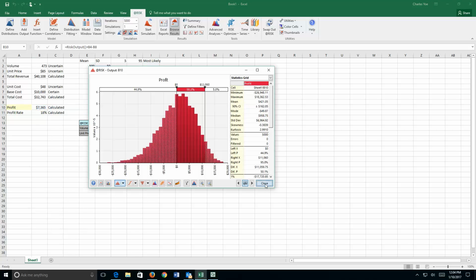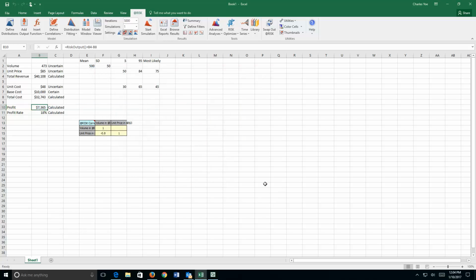But there might be times when we would want to compare the model with the correlation to the model without the correlation. So down here, I'm going to put in a correlation of minus 0.8, minus 0.6, and 0, just to indicate that there are 3 different correlations that we would like to try.